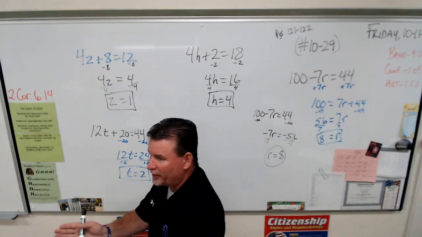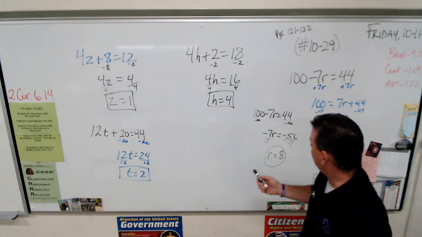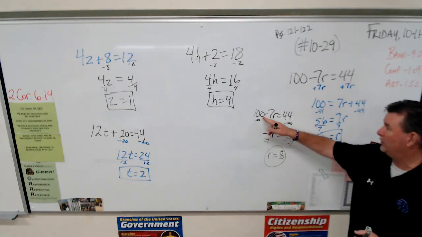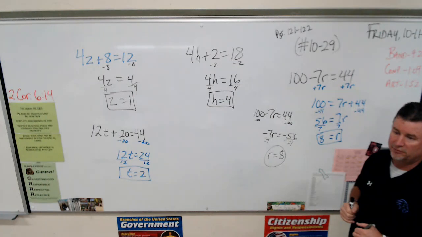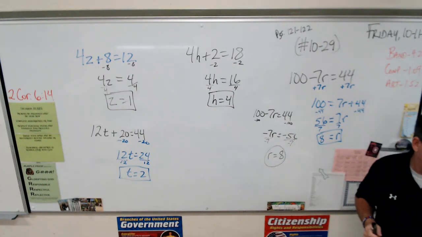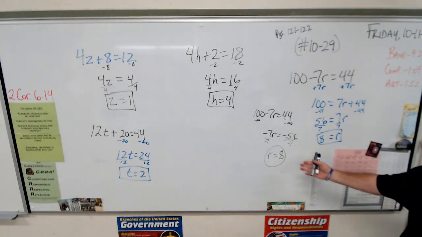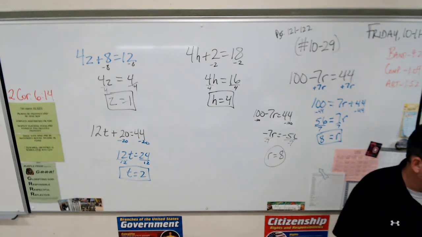As long as you treat everything equally, it's still going to be a true equation. I could have multiplied everything by negative 1, and this would have turned into negative 100, positive 7r, negative 44. And you would still get r equals 8. Good question, Jordan. Thank you very much. That was much needed.